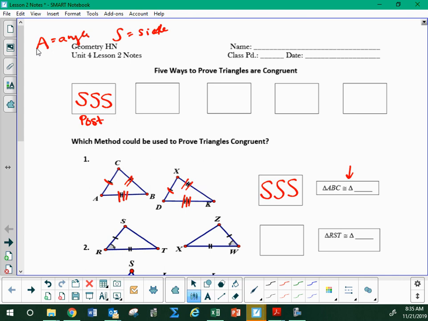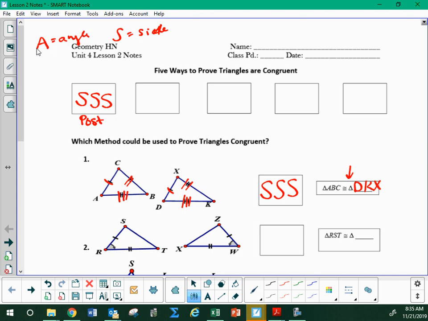It says ABC, so I want to mimic that same format: the three dashes, two dashes, one dash. So ABC would match up with DKX.